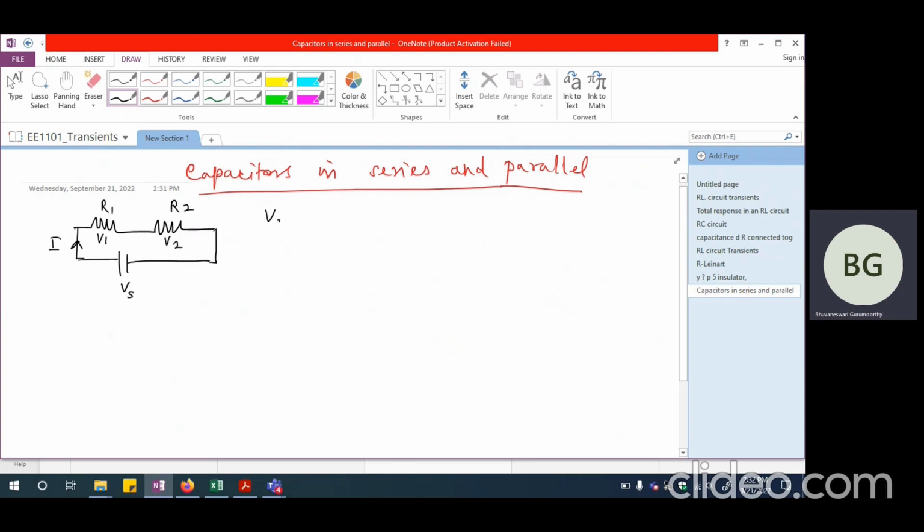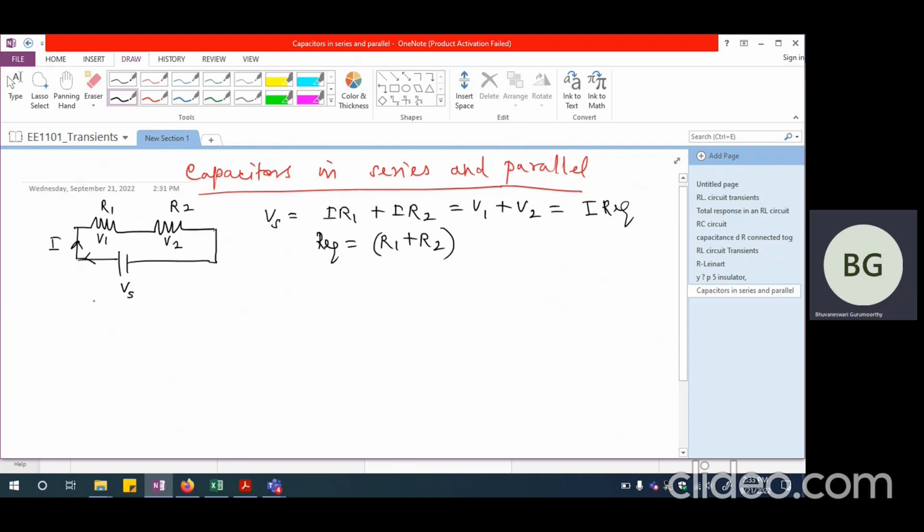So I should be able to say Vs equals IR1 plus IR2, or V1 plus V2, which should be equal to the current seen from the source side, which is I, multiplied by R equivalent. That's why we say R equivalent when two resistors R1 and R2 are connected in series is R1 plus R2. So R equivalent is going to be equal to R1 plus R2.